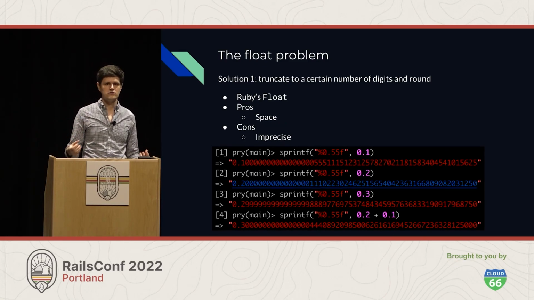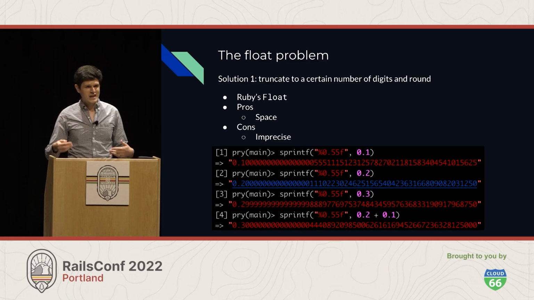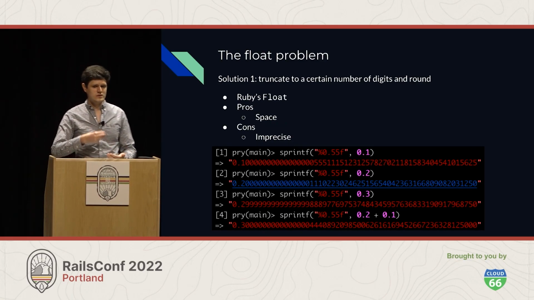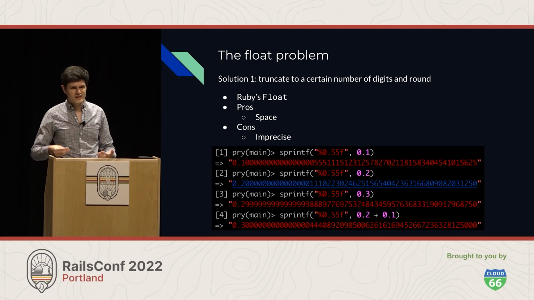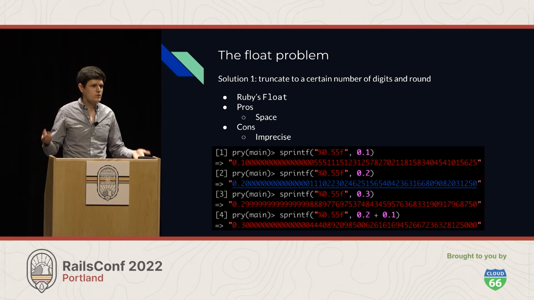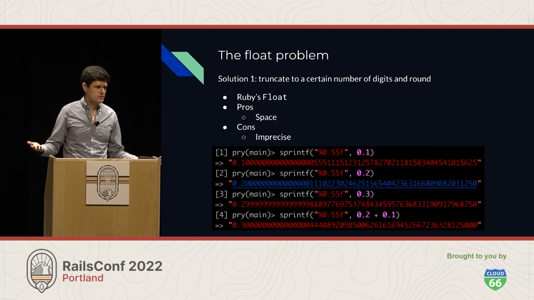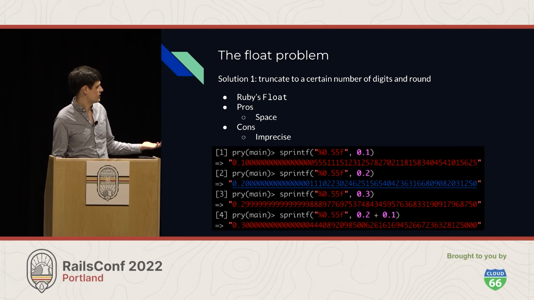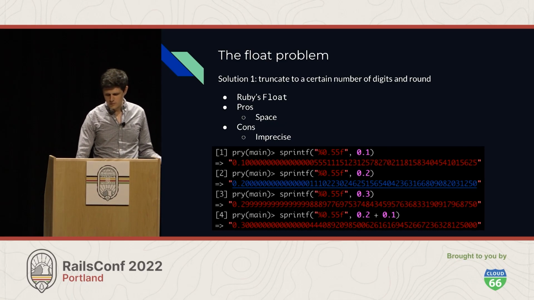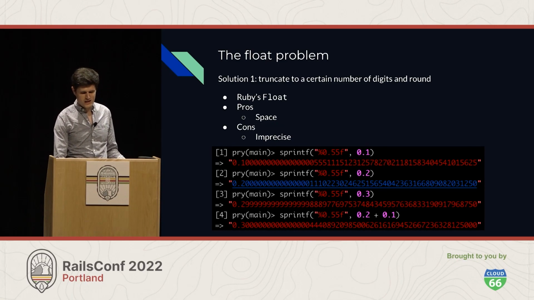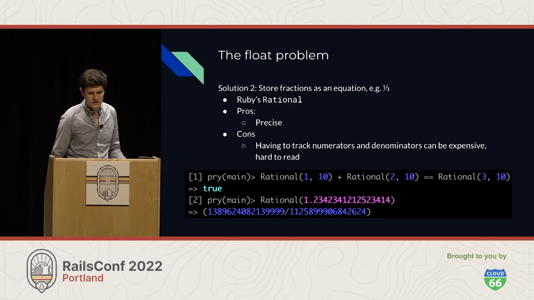The closest we can get to 0.3 in this system is slightly smaller than actual 3/10. And so if you add a number slightly larger than 0.1 to a number slightly larger than 0.2, it's going to give you a number slightly larger than 0.3, which won't be equal to a number slightly smaller than 0.3. So this is the explanation of what happened on that first slide. There are a couple of other ways that we can do this if we really care about our precision.